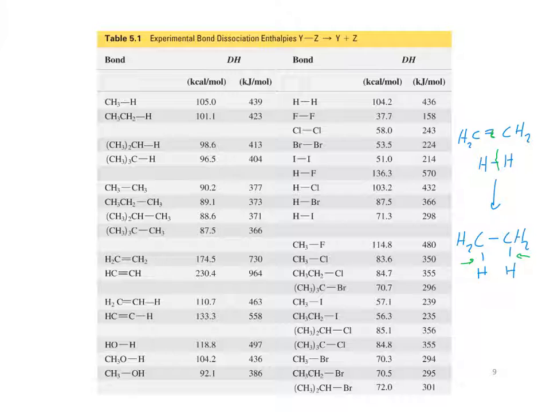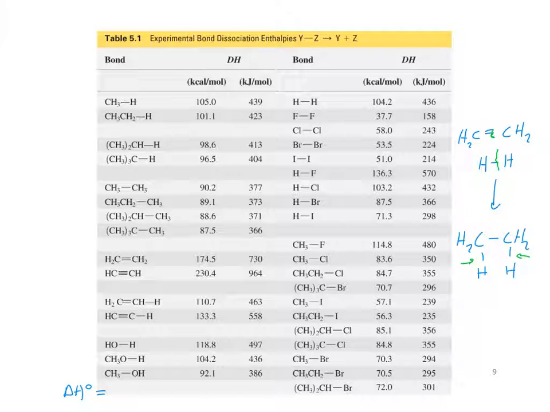All right, so in the book this is a little bit confusing because they don't totally use this table. So basically we're going to say that the energy change, the heat of the reaction, is going to equal the bonds being broken.